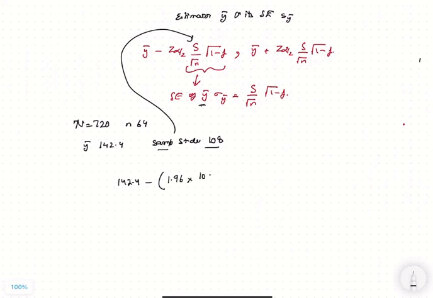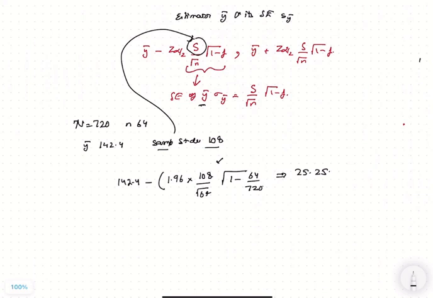We're going to put 108 here under root 64 and then 1 minus f. f is nothing but n upon capital N, so small n is 64 and the big N is 720, and that will give us a number of 25.25. So this S here is supposed to be the standard deviation of the population, but since we don't have that, most of the time we substitute it with small s.